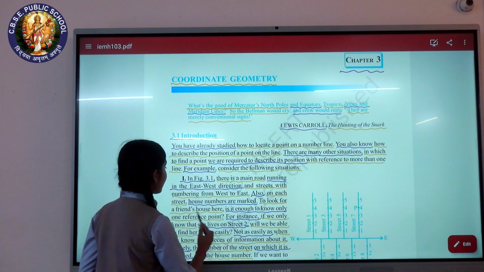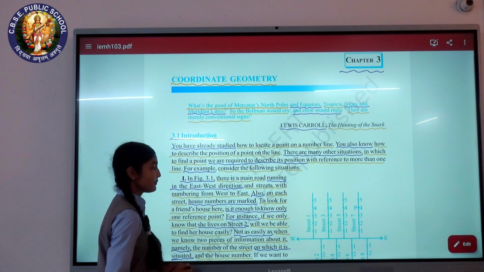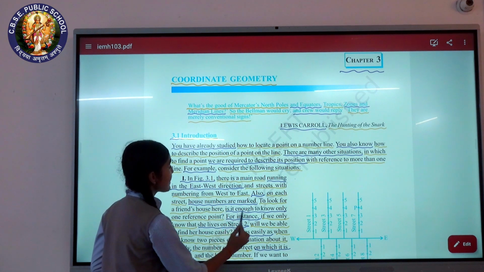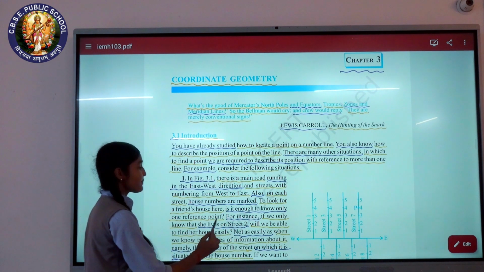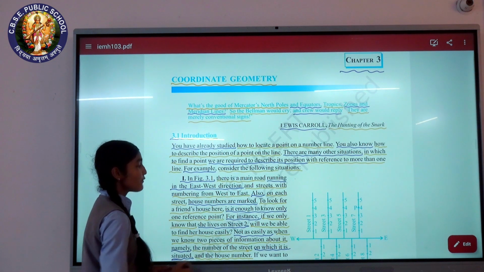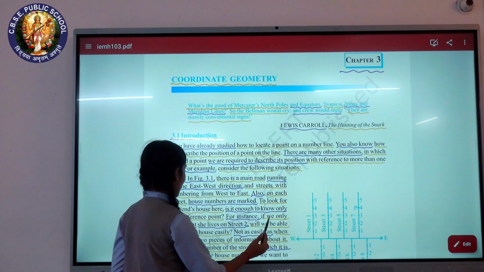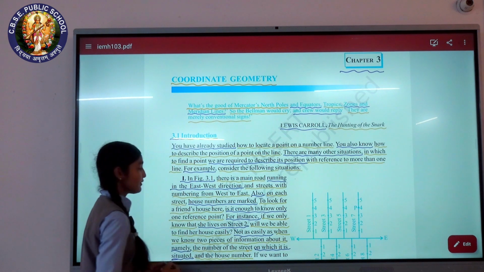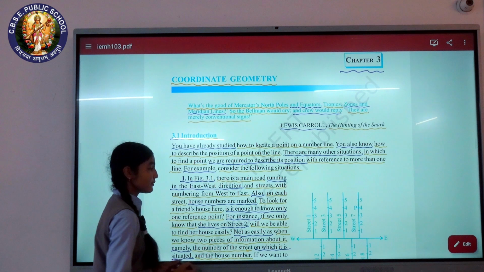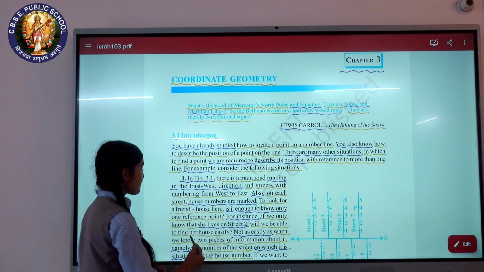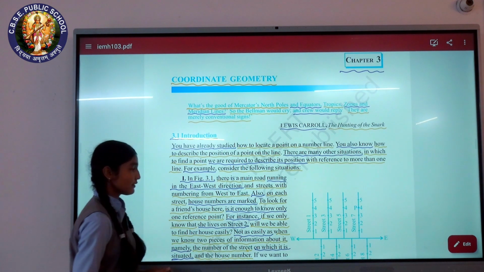To look for a friend's house here, is it enough to know only one reference point? For instance, if we only know that she lives on street 2, will we be able to find her house easily?